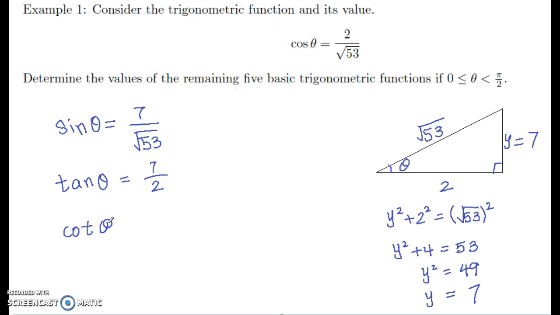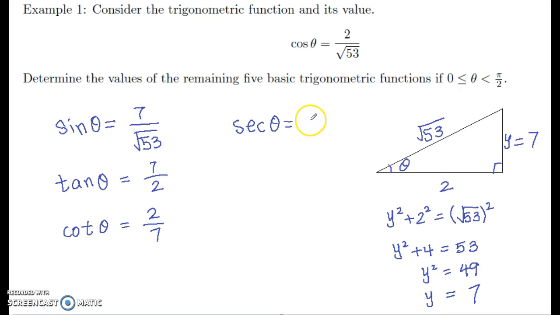Cotangent of theta is a reciprocal of tangent, so it's 2 over 7. Secant of theta. So you need to remember secant of theta is 1 over cosine of theta.